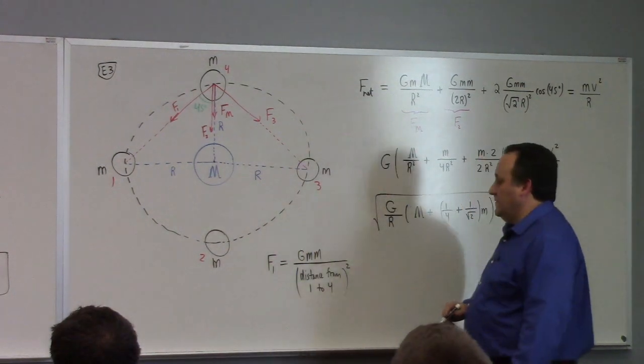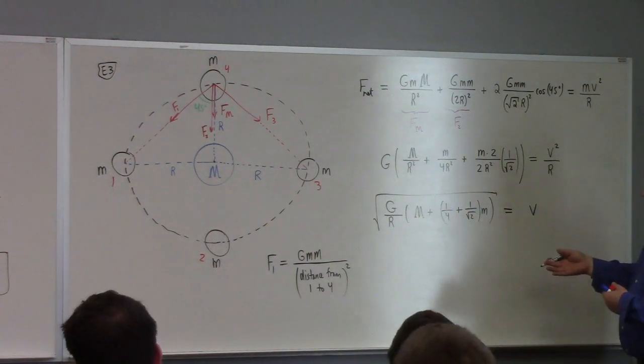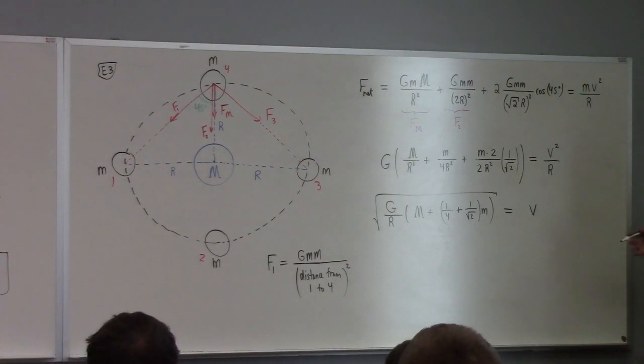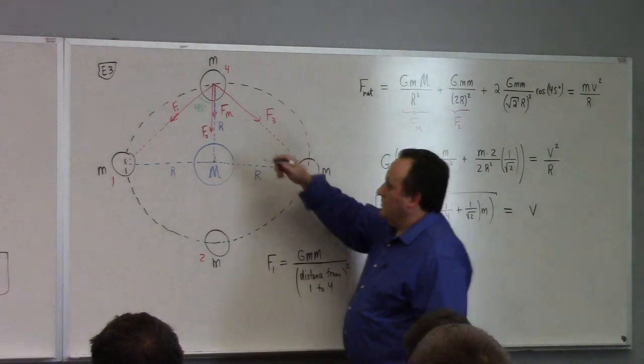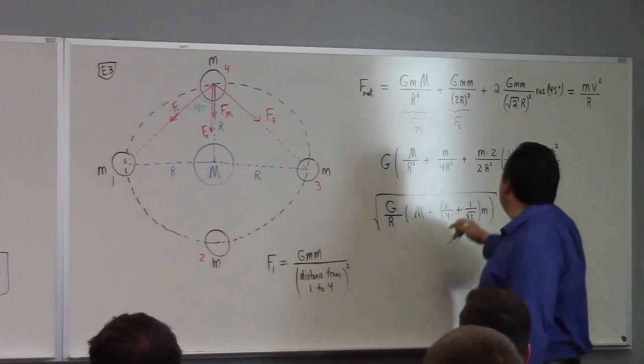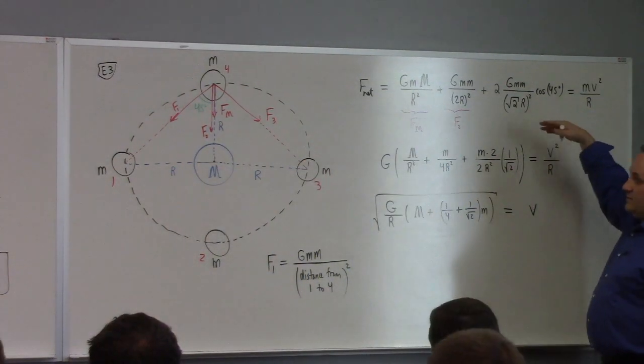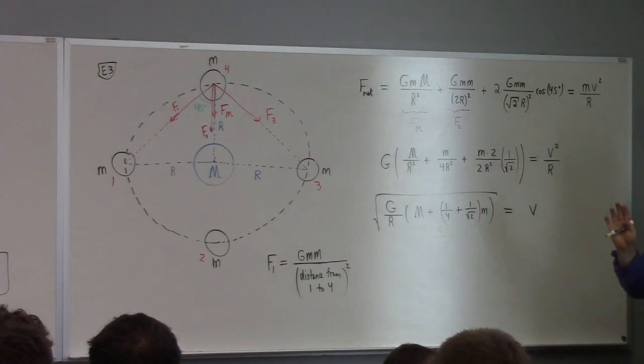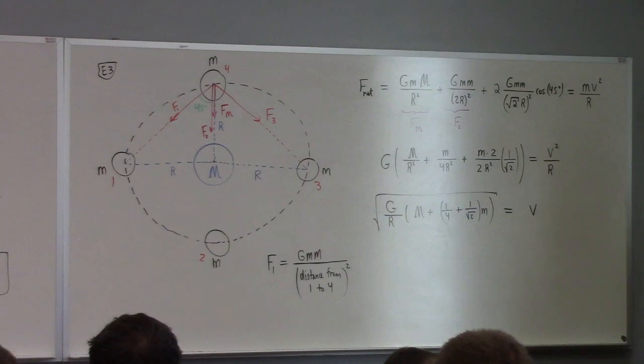So that's the total magnitude. The distance is square root of 2 times r, because it's the hypotenuse of the triangle, you know? So that's why we had that there. And then the cosine is because we're just picking up the vertical component of it, which adds. The horizontal part cancels with the F3.